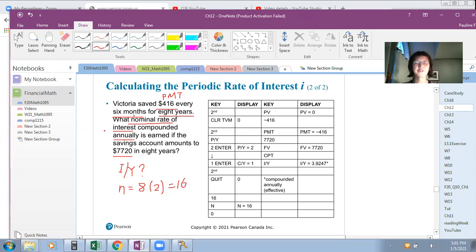So in 1 year you saved 2 times, so in 8 years you saved 16 times. Term N equal to 16. And you put the money into a savings account. $7,720 is the future value. Okay, so now we can use the calculator.